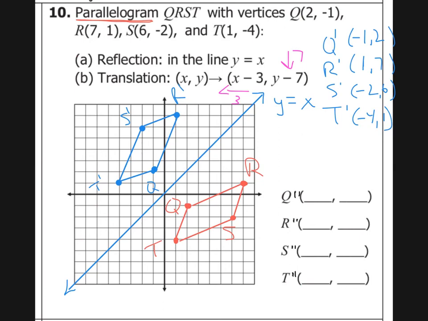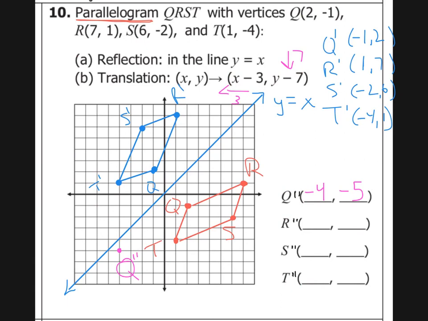Let's move Q prime to Q double prime. Now what happened? When I subtract 3 from -1, I get -4. Okay, I subtracted 3 from the x coordinate of -1. -3 and -1 yields me a -4. Then I subtracted 7 from the y coordinate and I get -5, right? -7 plus 2 is -5. When I look at that, I already hopped 1, 2, 3, 1, 2, 3, 4, 5, 6, 7.